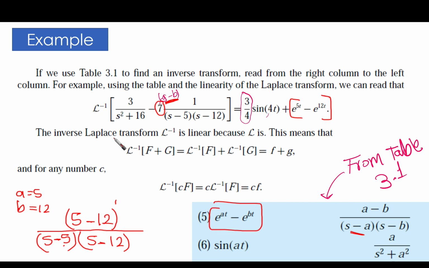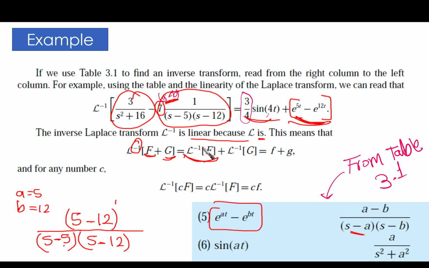So the inverse Laplace transform is linear because L is linear. As we said, this is linear. Linear means that we are adding up 2 functions together. So no problem now. The functions are going to be also linear. This means that the inverse of the Laplace transform is going to be the summation of the inverse of each function alone, which means f plus g.